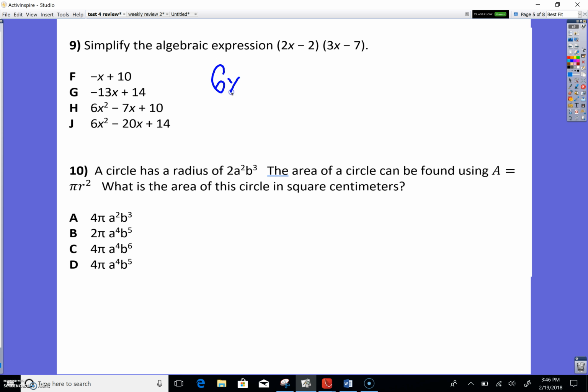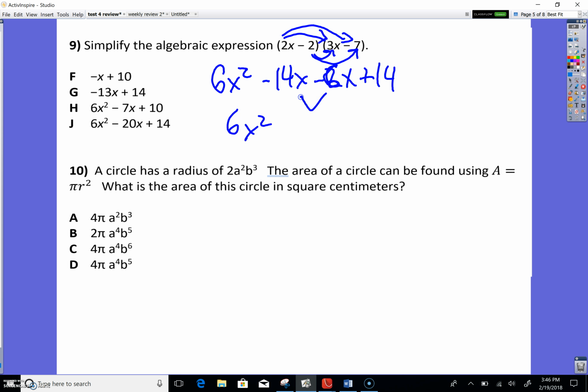Let's see if I do this one. 6x squared minus 14x minus 2x then minus 6x plus 14. These two together becomes minus 20x plus 14.